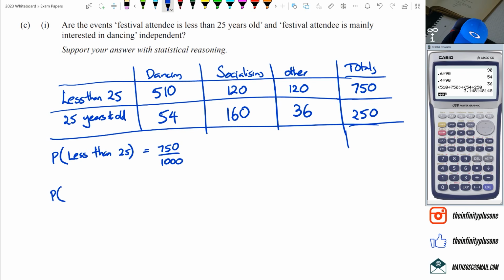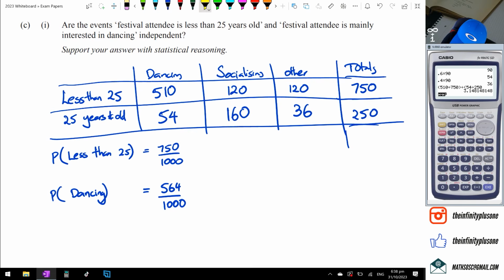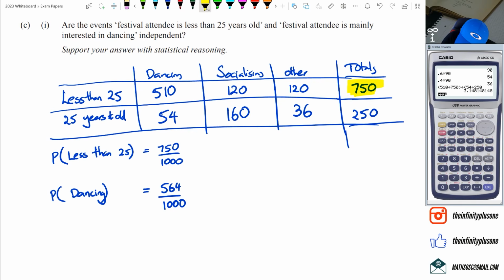Then we're going to work out probability of being mainly interested in dancing, and that is 564 out of 1,000. Just to recap, this is all of less than 25, so that's where that 750 is coming from. The 564 is people interested in dancing, so that's the total of these two numbers.